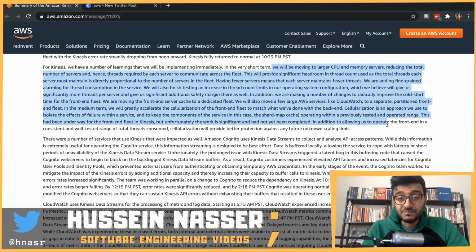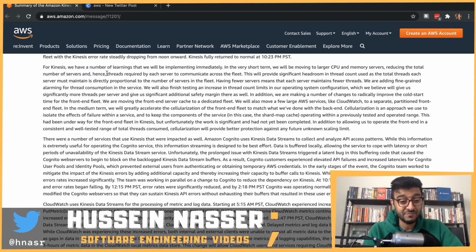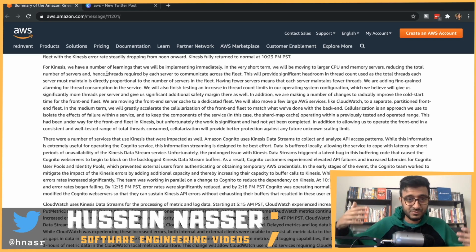In the very short term, we'll be moving to larger CPU and memory servers, reducing the total number of servers. That's a hack, in my opinion. Let me explain what happened and why I think it's a hack. They have smaller servers with smaller CPUs, so they need more front ends in order to accept that amount of load or requests.